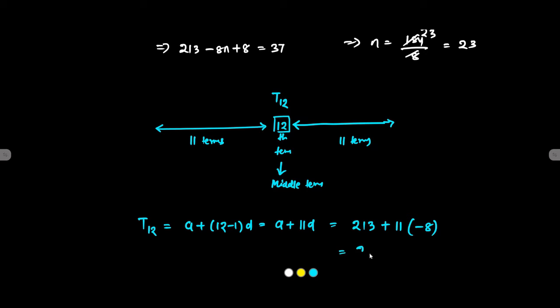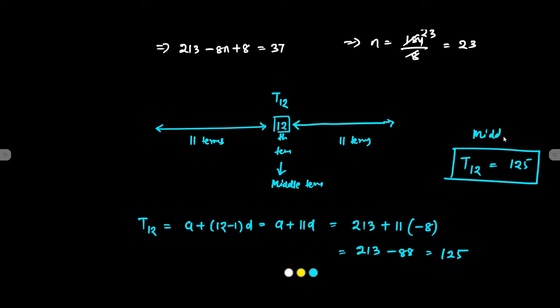So 213 minus 88. 210 minus 80 is 130, 133 minus 8, it is 125. Yes, 125. So the middle term is 125. This is the middle term of the AP. Okay, T12 is equal to 125.